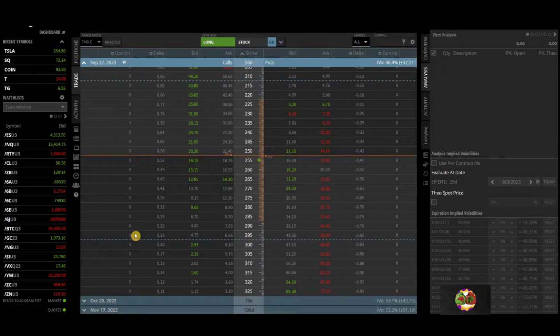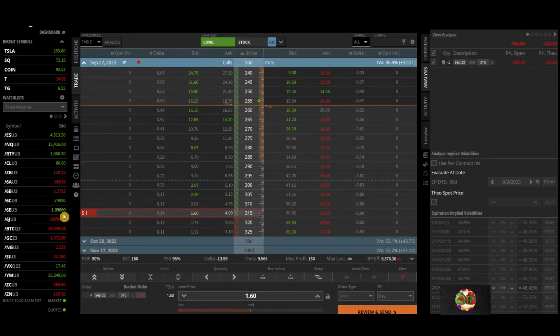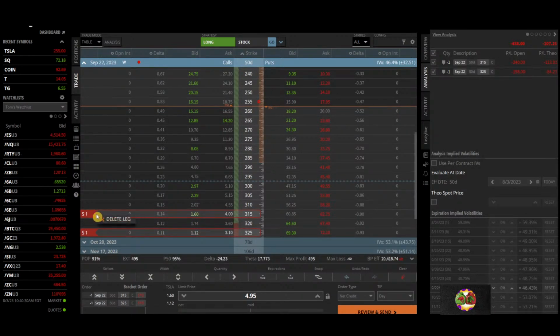You don't really want to sell illiquid options, guys, because it's hard to get out of them. The market is open, for God's sake. Look at that. I would definitely do this one instead of that one because the spread on this one is 1.64 ask.